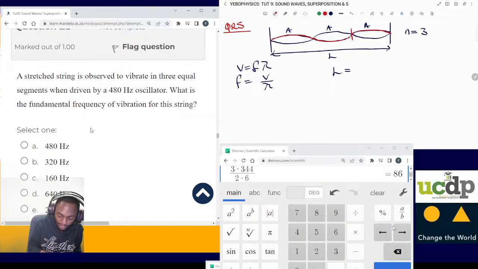So we have 3 lambda over 2, which means our wavelength is equal to 2L over 3.